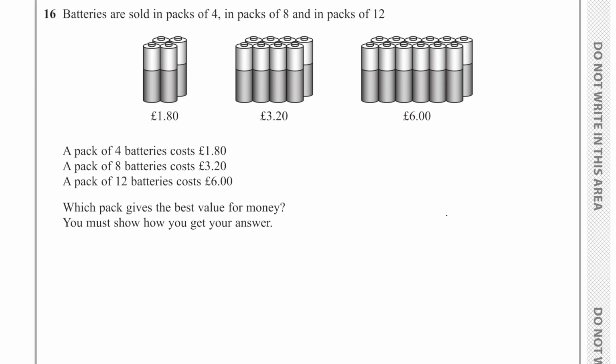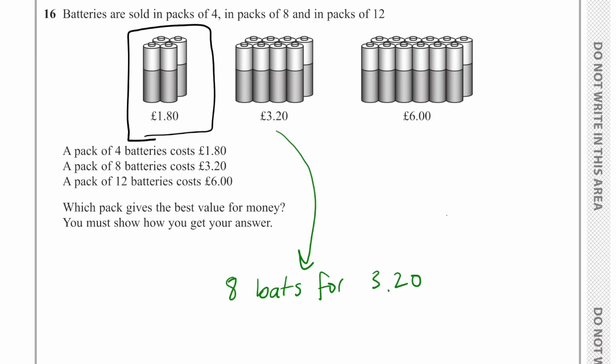So we could compare the price of one battery, or we could compare the price of any number of batteries. I think I'm going to do 4 batteries. So for 4 batteries, the small pack's £1.80. 8 batteries for £3.20.